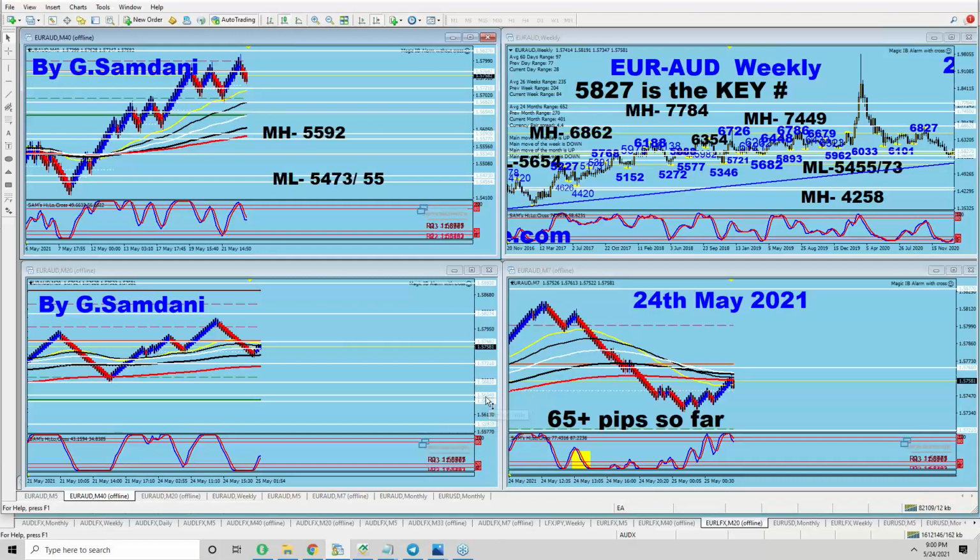Somewhere 56.54 is a nice level for around 100 pip. So if it drops from here to here, that's 100 pip. So that would be my target for tonight if I get the entry here. If I get the entry here, I will calculate, and probably 58.93 would be my target for 100 pip.